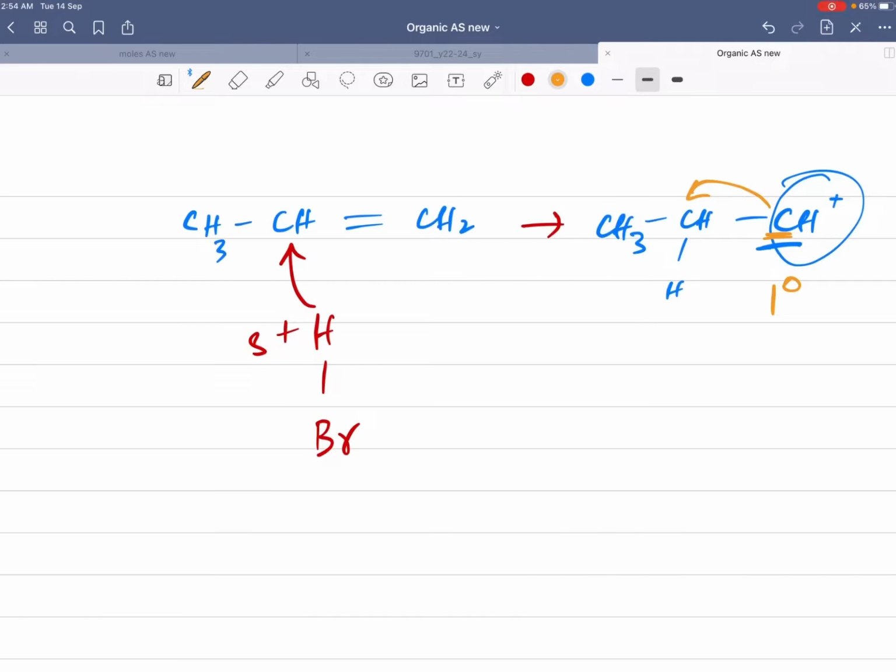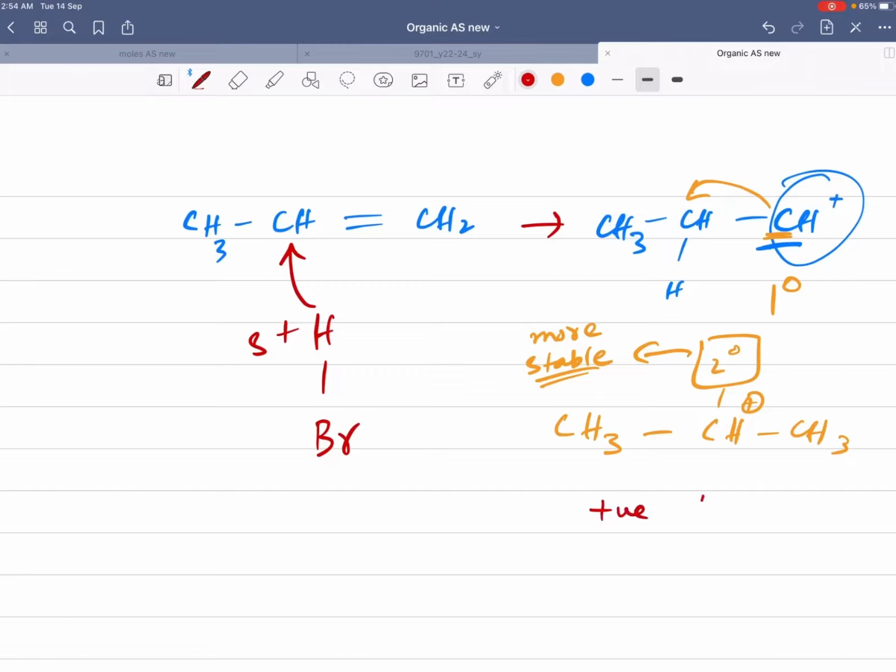And if the positive charge develop on the second carbon, so this is now, if this is carbocation, this is secondary carbocation, and secondary carbocations are more stable than primary. And the reason is the positive inductive effect.